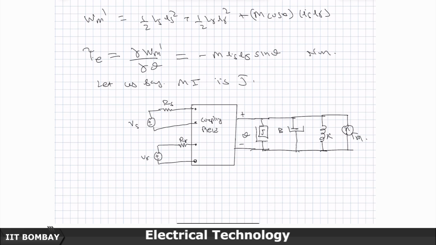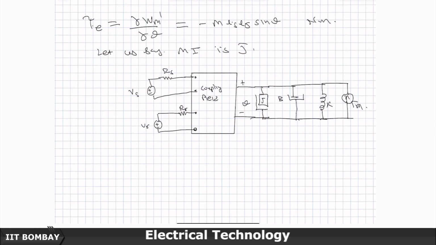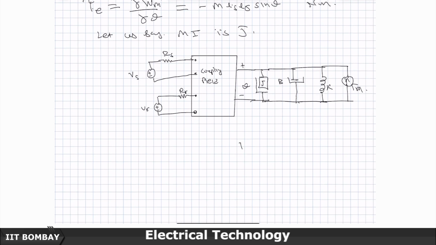So, what gets applied in total is Te plus Tm. Actually, it is never like both, you do not apply both Te and Tm. In a motor, the load is to be driven. So, Te and Tm will be opposite to each other.